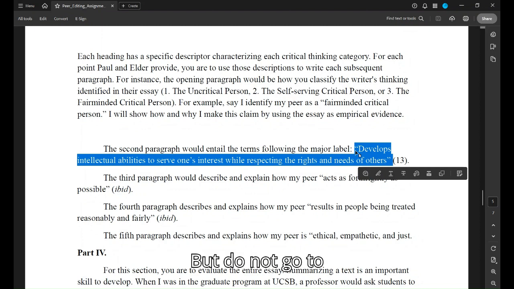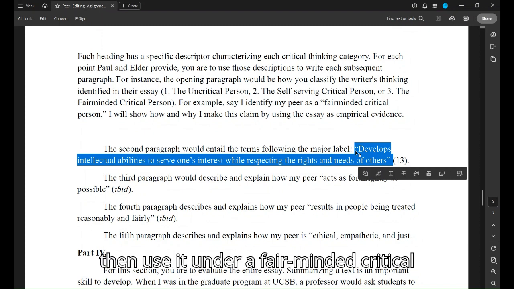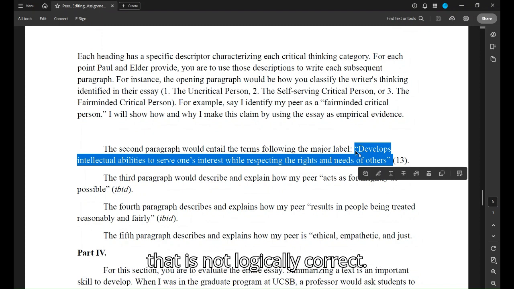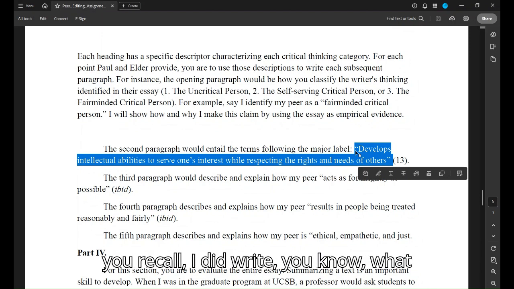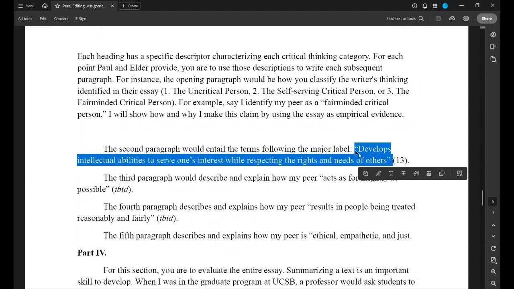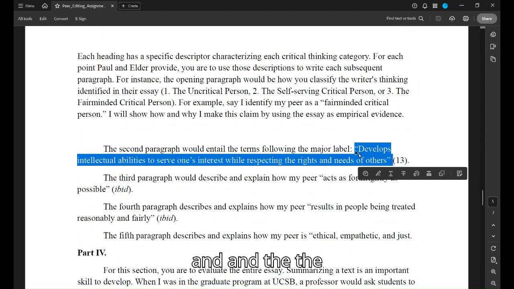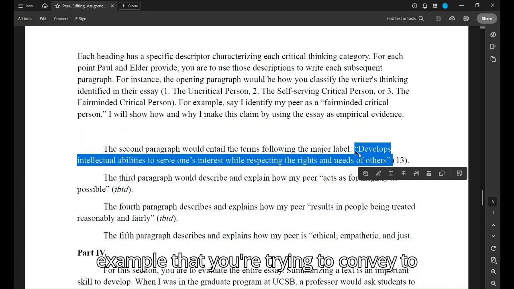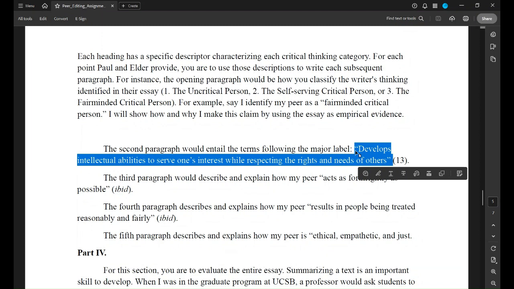But do not go to the self-serving critical person and then use it under fair-minded critical person, because that is inconsistent and that is not logically correct. All right, because for some of you, if you recall, I did write, what is the logic underlying how you make the connection between black and the example that you're trying to convey to your reader on how to describe the color black to a person who's born blind.